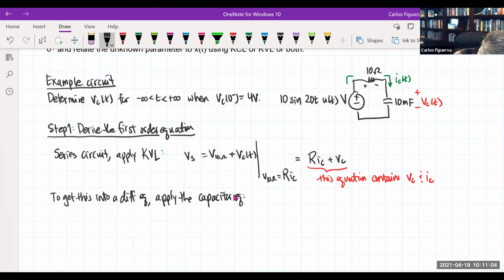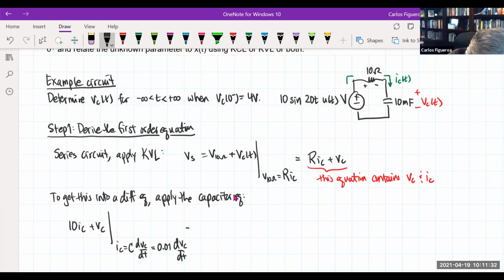So I have 10 IC plus VC, but now IC should be C dVC/dt. And when I look at this, the C value is 10 millifarads, so this is going to be 0.01 dV/dt.